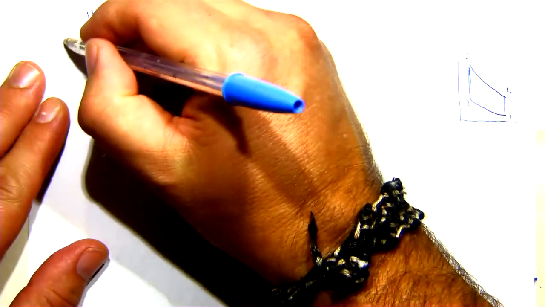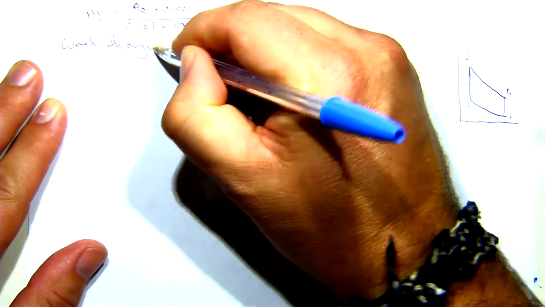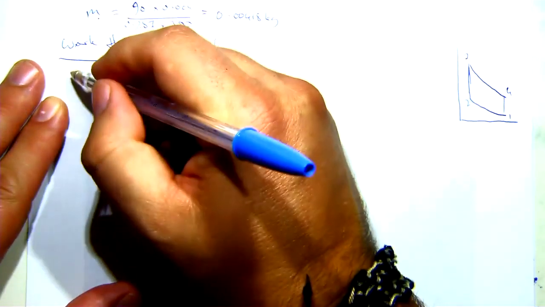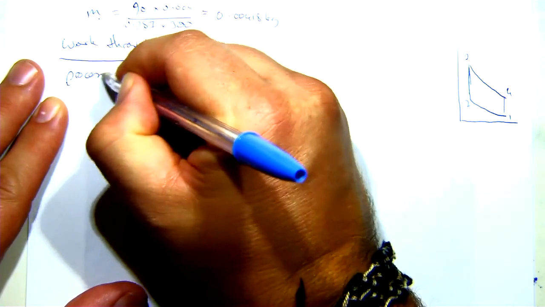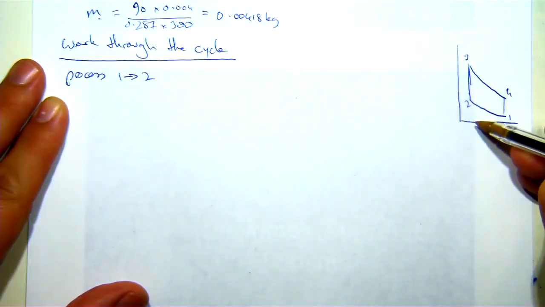Okay, now we'll work through the cycle. We're going to go process 1 to 2. 1 to 2 is here. This is my isentropic compression.